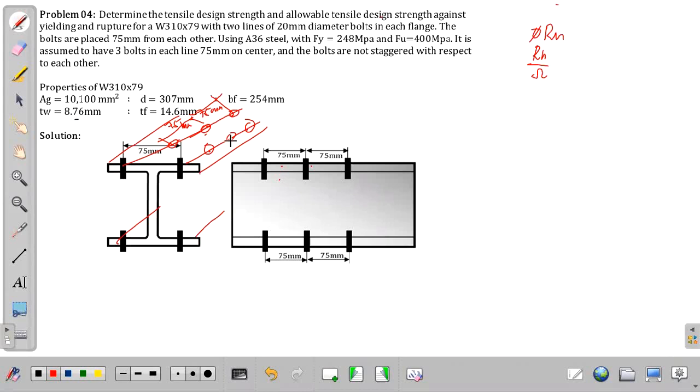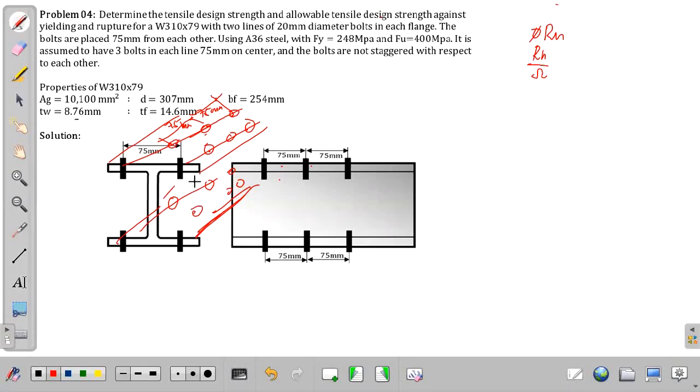So no bolts are staggered with respect to each other. So magkakalinya yan. So magkalinya dito sa taas, magkalinya dito sa baba. Okay? So meron tayong 3, tapos tatlo din dito sa baba.